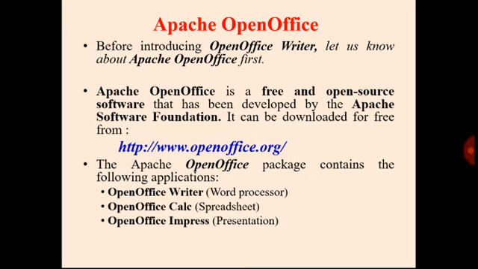The Apache OpenOffice package contains three main applications. One is OpenOffice Writer. This is a word processor. OpenOffice Calc is used for creating spreadsheets, and OpenOffice Impress used for making presentations.